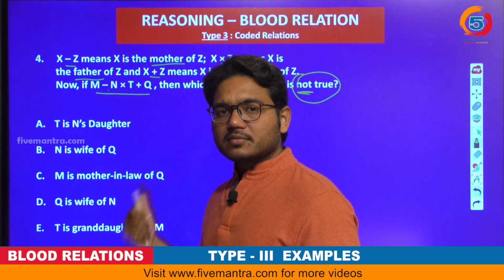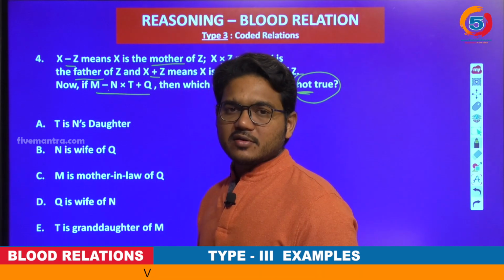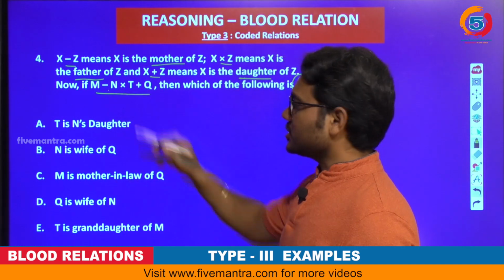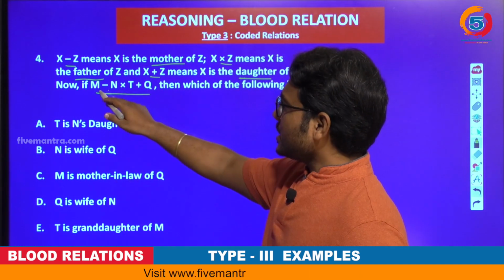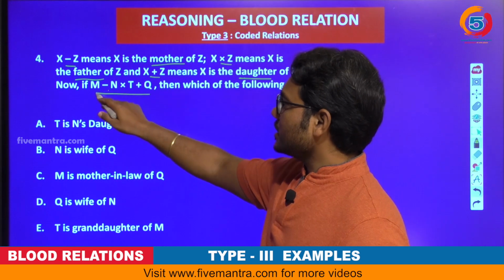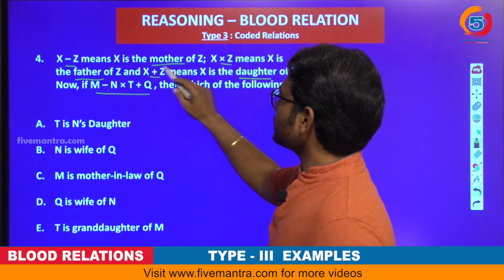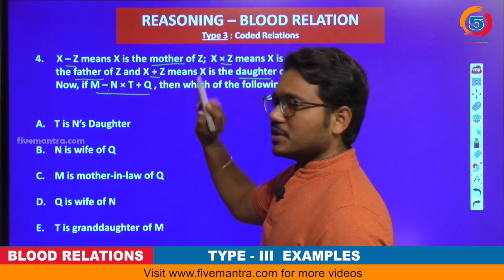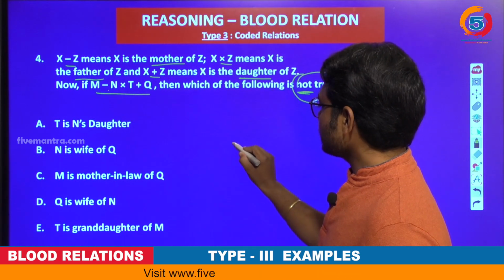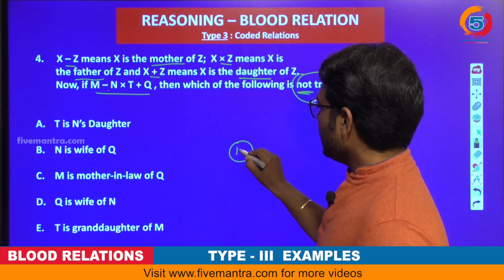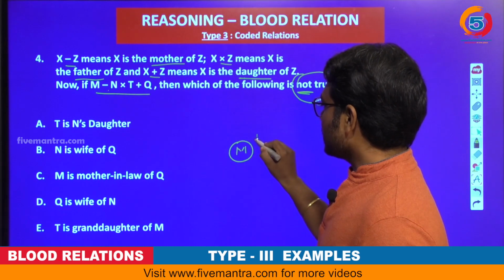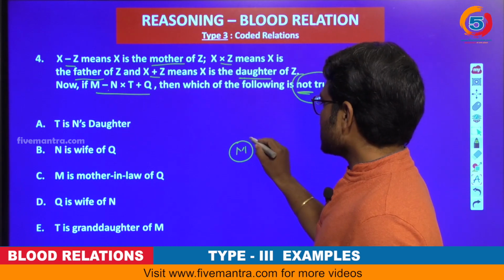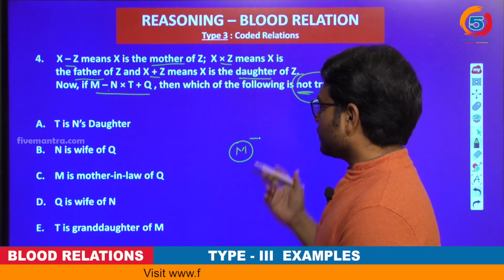So we'll draw the relationship tree for this simple statement. How is M related to N? M is related to N as mother, isn't it? M minus in the sense mother. So M is the mother, and obviously the gender is minus, female.